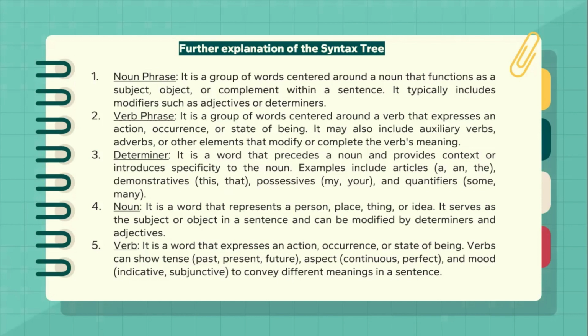It serves as a subject or object in a sentence and can be modified by determiners and adjectives. And the last one is verb. It is a word that expresses an action, occurrence, or state of being. Verbs can show tense like past, present, and future, aspect like continuous and perfect, and mood like indicative and subjunctive to convey different meanings in a sentence.